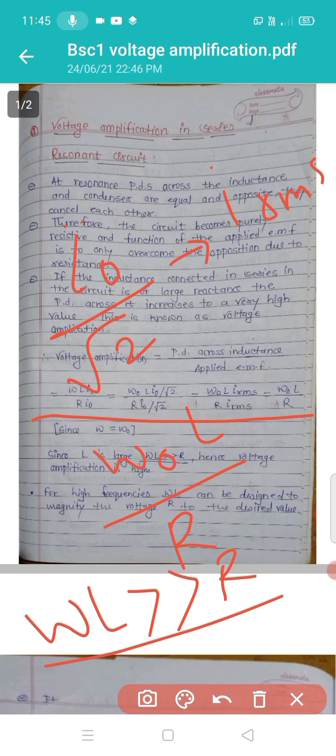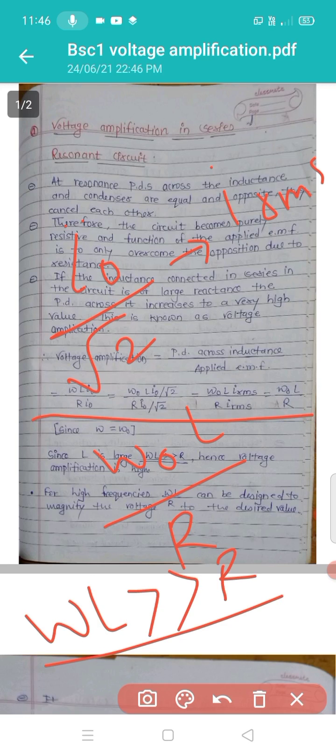If the frequency of the applied EMF is varied, then a series LCR circuit will give a maximum response.